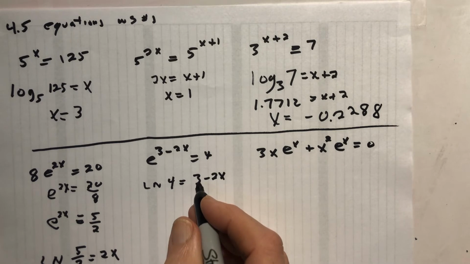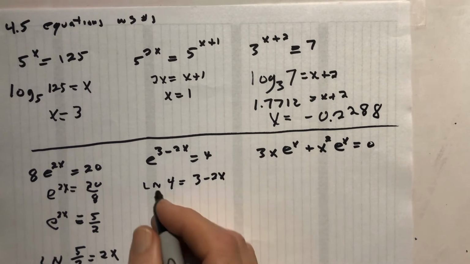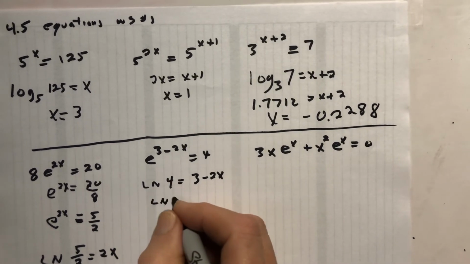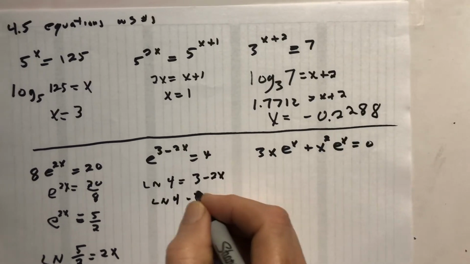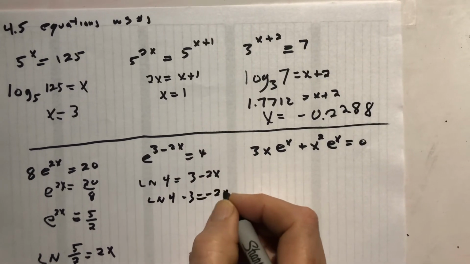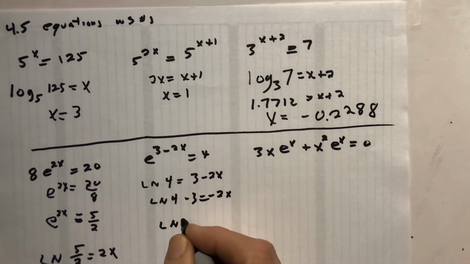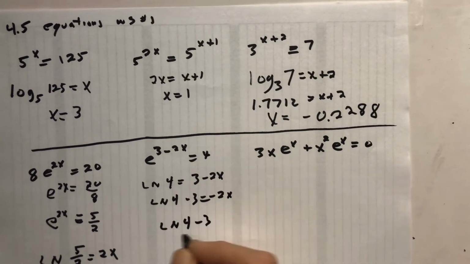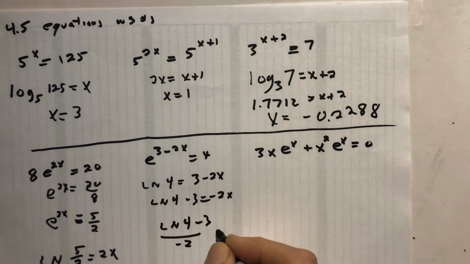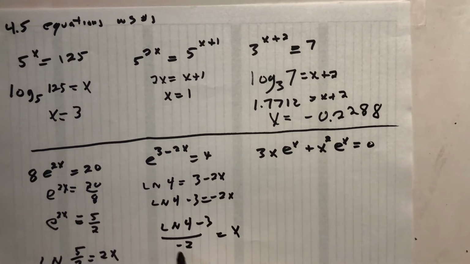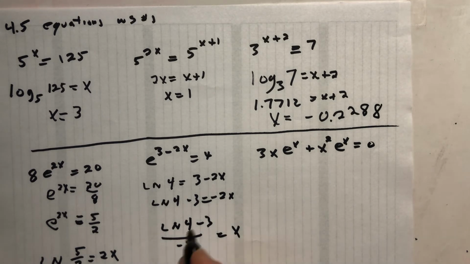So how do we move the 3 over? It's positive, so we subtract it. How do I move the negative 2 over? I divide it. So x is equal to this. That's called the exact answer. If I actually do it on the calculator, I'll round it off and we get an approximate answer. So this is called exact.